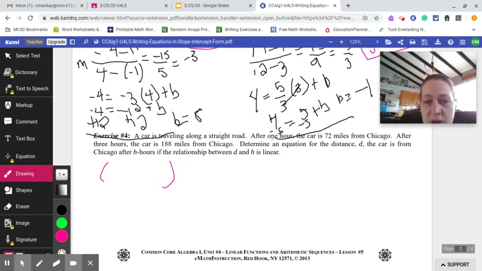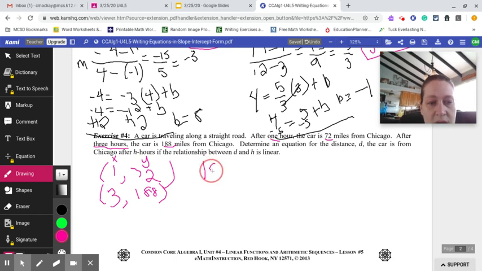So after 1 hour, it's 72 miles. So I have the points 1 and 72. And after 3 hours, the car is 188 miles. Okay, this is x, this is y.